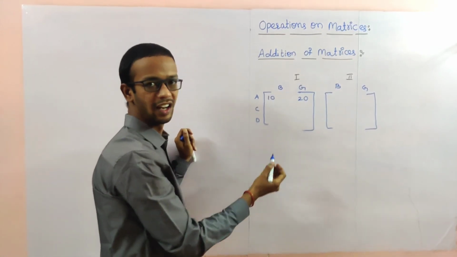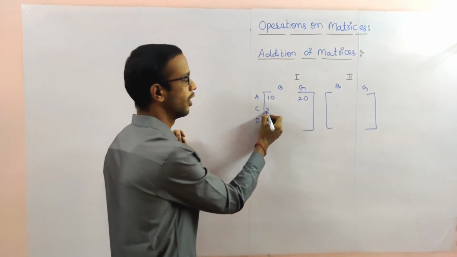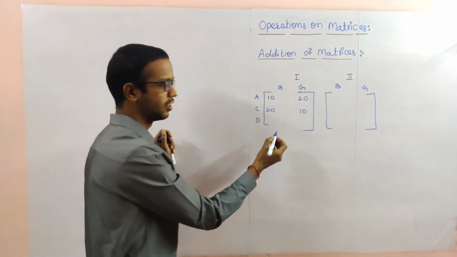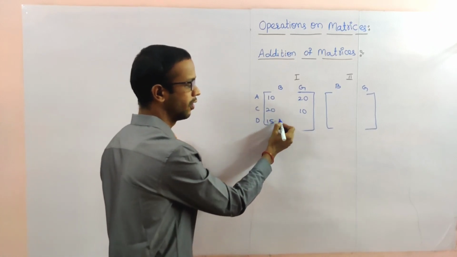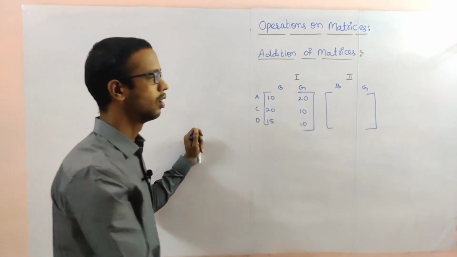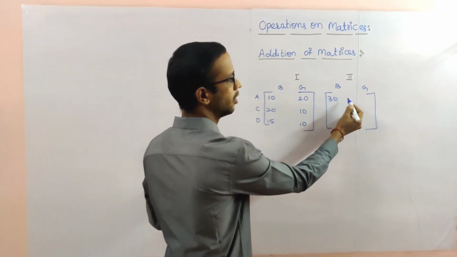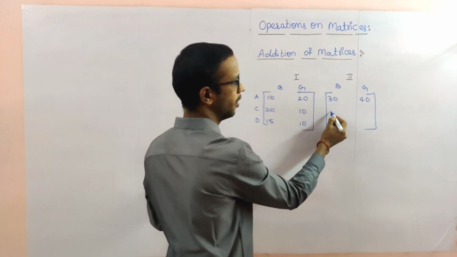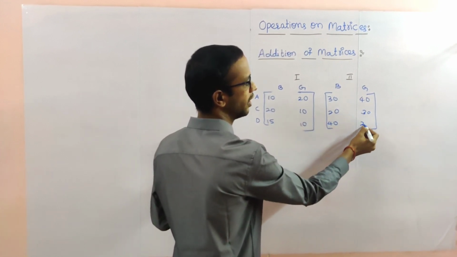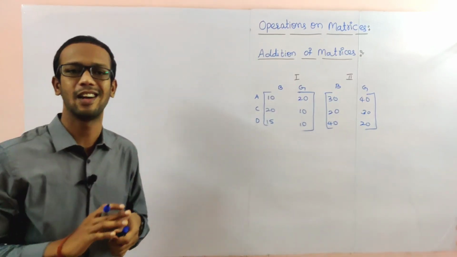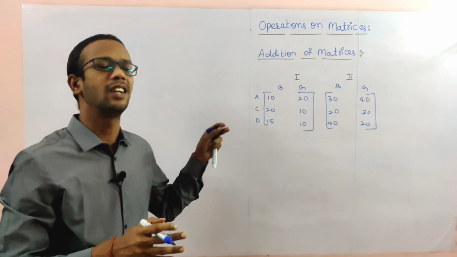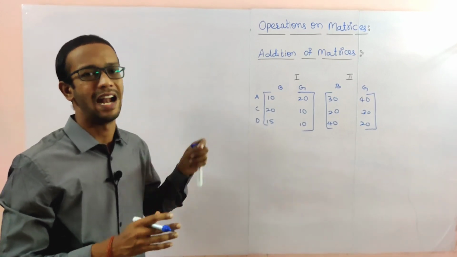In C division, 20 boys, 10 girls. Next, in D division, 15, 10. Next, college 2: number of boys is 30, number of girls is 40; 20, 30; 40, 20. Just a general example I am taking. The total information is represented as a matrix.